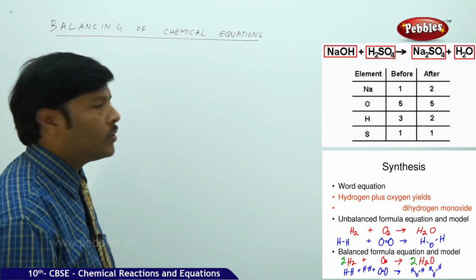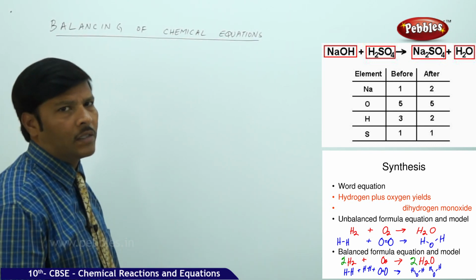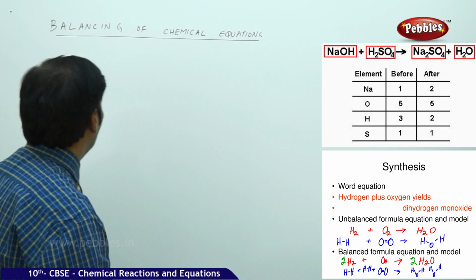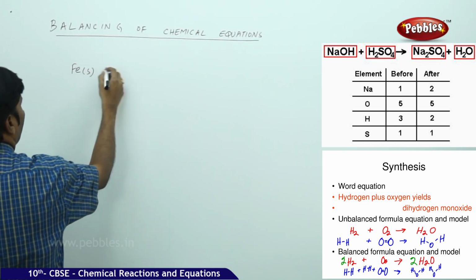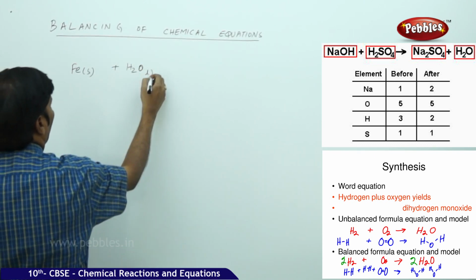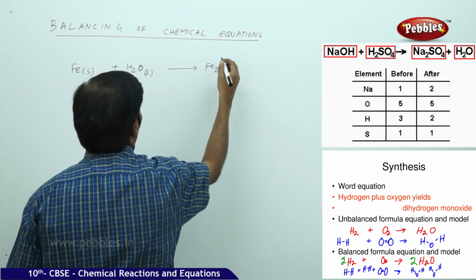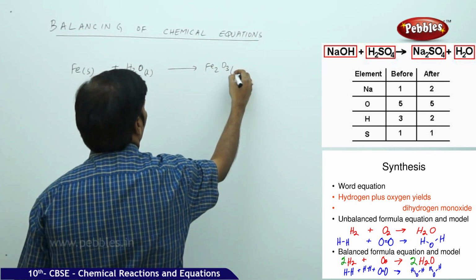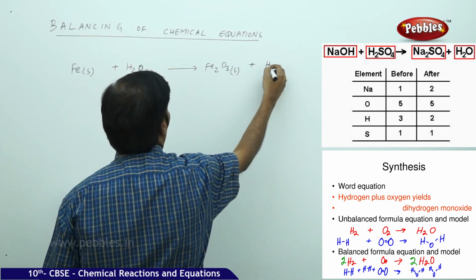So today we would like to understand this topic in a very simple manner by selecting some random examples. For example, iron solid plus H2O liquid gives rise to Fe2O3 solid plus H2 gas.